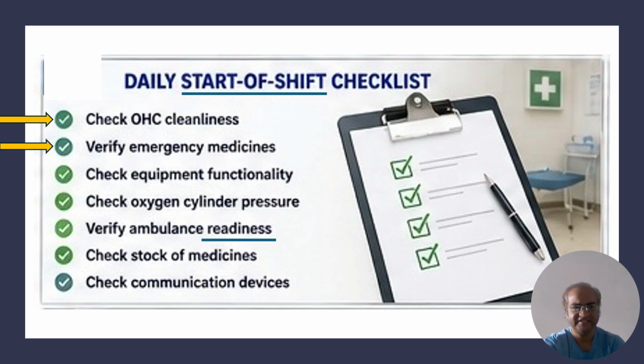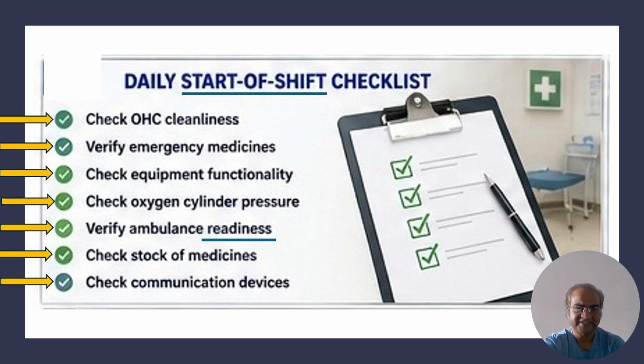Start of shift checklist: OHC clean, verify emergency medicines, then check equipment functionality, check oxygen cylinder pressure, verify ambulance readiness, check stock of medicines, check communication devices. All the communication devices, all the phones, everything working or not. All the equipments functioning or not properly.